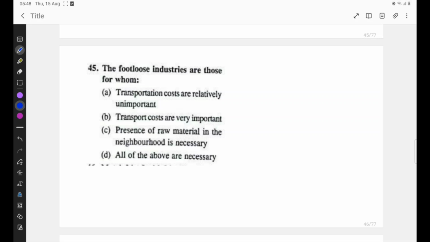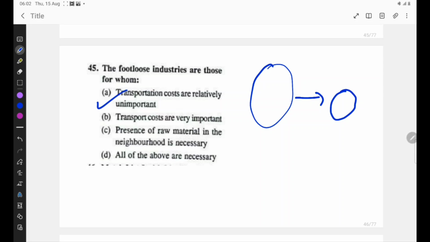See, footloose industries are those industries where volume of input is more than the volume of the final output. So for them, transportation costs are not very important. So option A is the correct answer here.